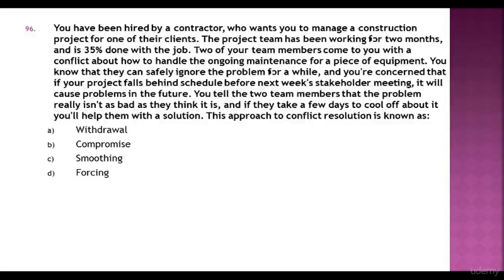You know that they can safely ignore the problem for a while, and you're concerned that if your project falls behind schedule before next week's stakeholder meeting, it will cause problems in the future. You tell the 2 team members that the problem really isn't as bad as they think it is, and if they take a few days to cool off about it, you'll help them with a solution. This approach to conflict resolution is known as withdrawal, compromise, smoothing, forcing.